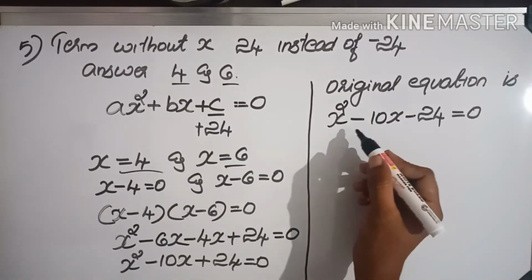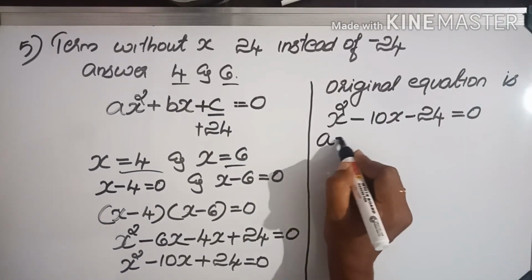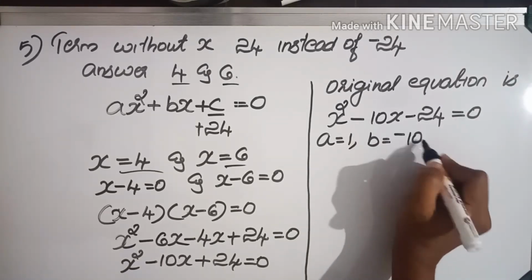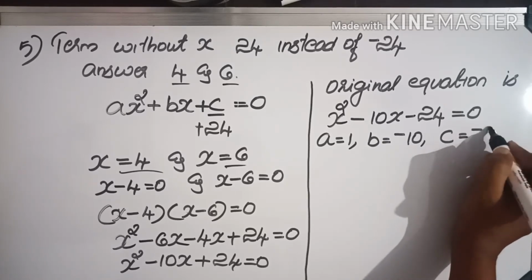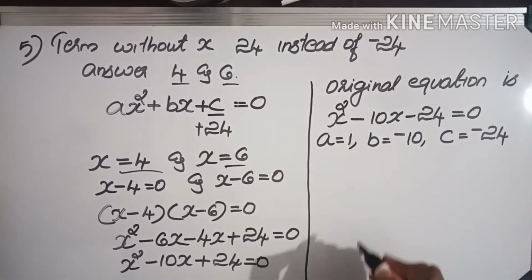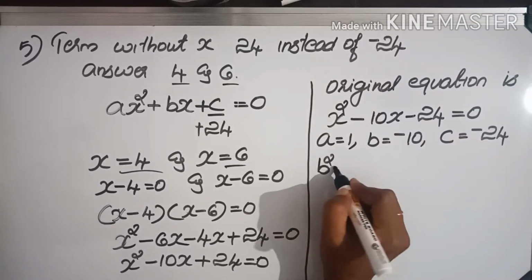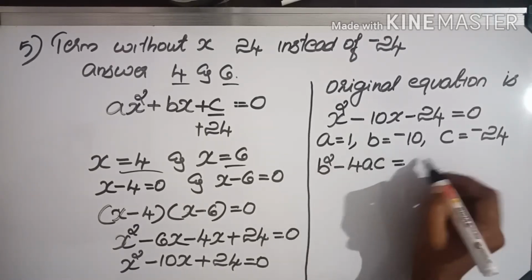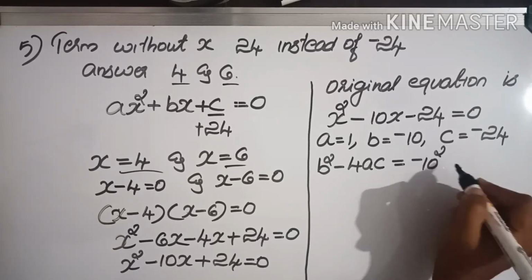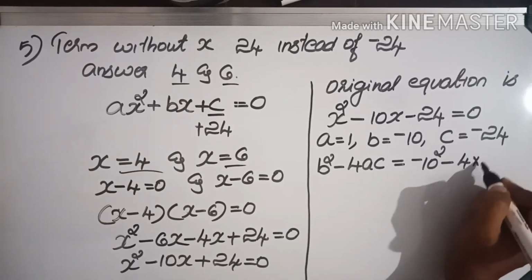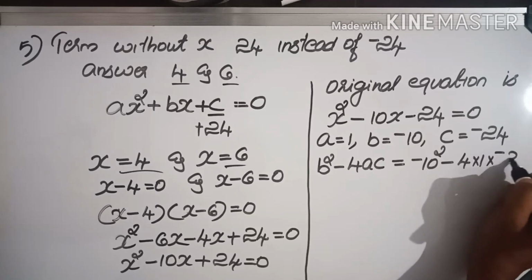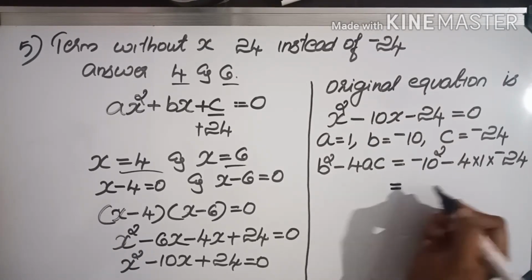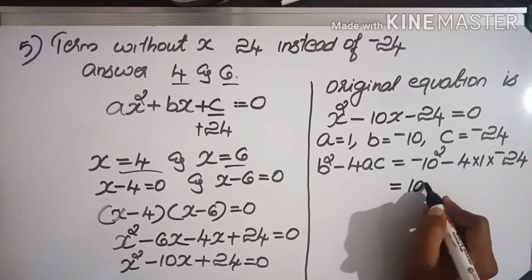That means the solution. So first write a equal to 1, b equal to minus 10, c equal to minus 24. Now the discriminant, b square minus 4ac, that is equal to minus 10 square minus 4 into 1 into minus 24, that is equal to minus 10 square is 100.